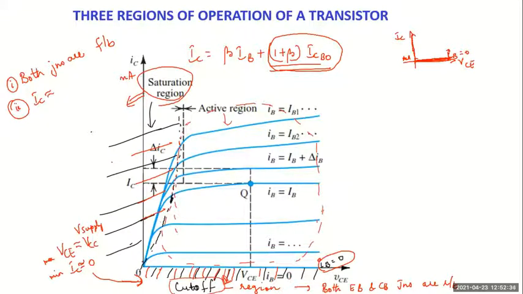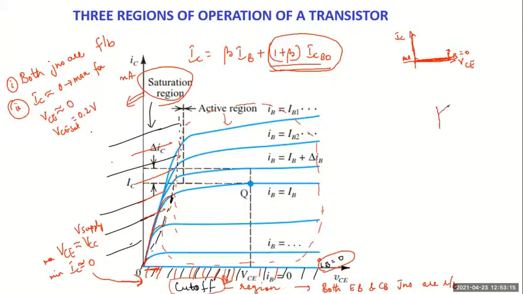You see the current is increasing from 0 to maximum. Whichever characteristic you take, the current goes from 0 to maximum for a short variation in the voltage. This x-axis is varying by a very small amount, but the current has reached maximum from 0. So it will increase from 0 to maximum for very small VCE. VCE is approximately 0, or if I want to tell you exactly, the saturation voltage across a transistor will be around 0.2 volts.